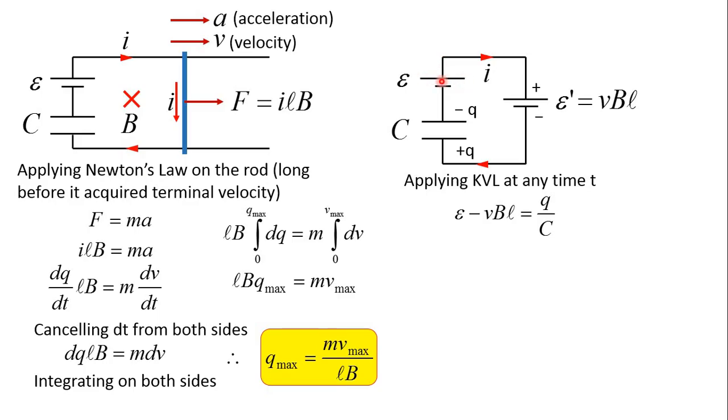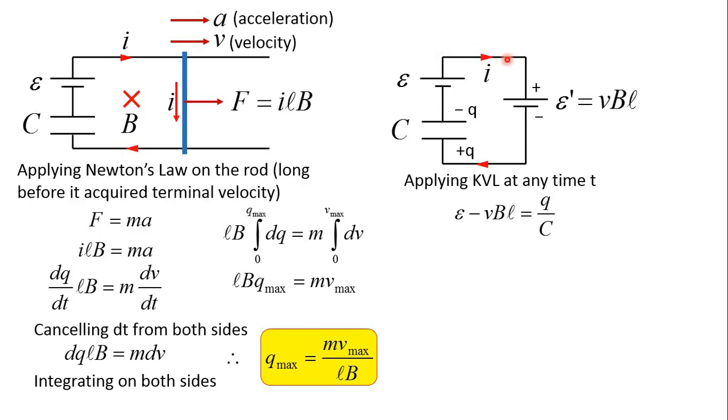A longer line means higher potential, a smaller line means lower potential. So the potential is increasing, written as plus E. But as I move clockwise along this direction, I go from the positive terminal to the negative terminal, so the potential is decreasing, represented by a minus sign. The value is V B L.